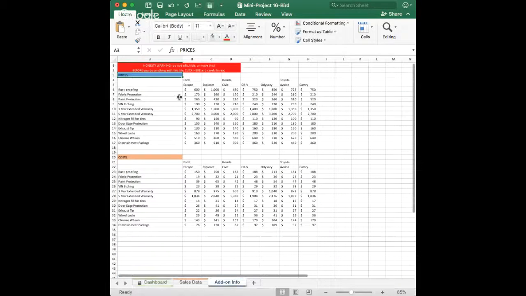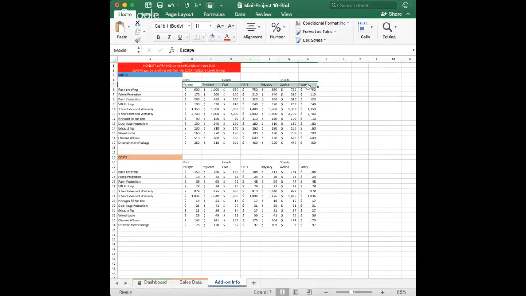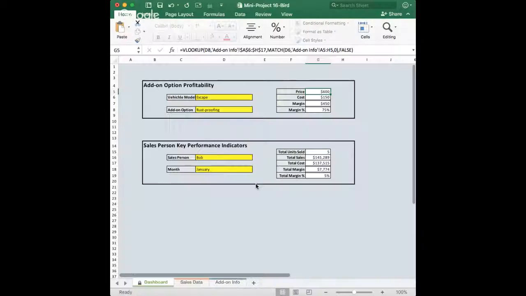You're going to take this array. It finds Escape, or if you're looking at Odyssey, and it matches it. Got it. And once it matches that, you have to remember to do the 0, because that means you want an exact match. I don't even know what the other options are. Okay.